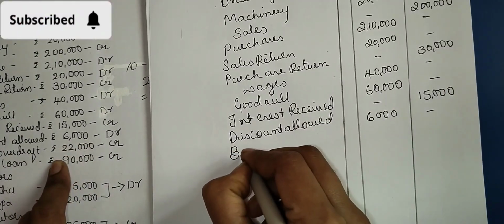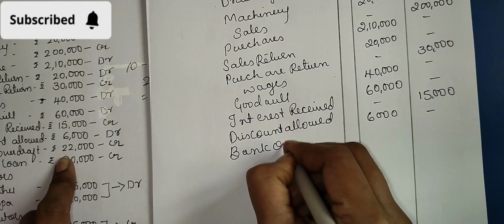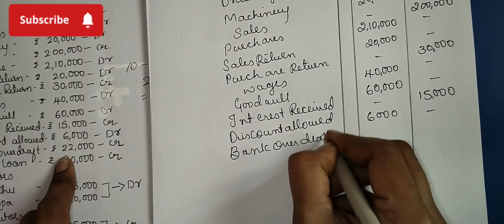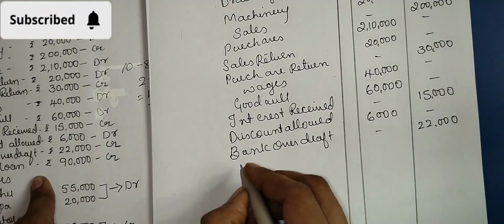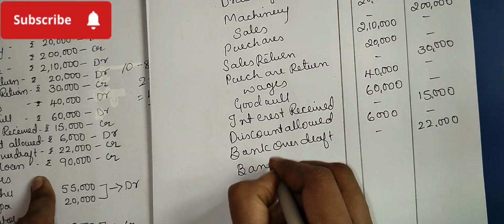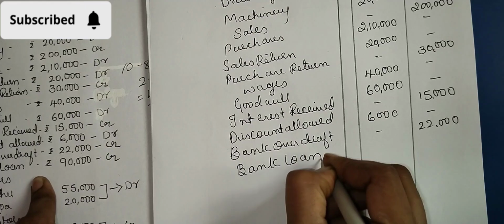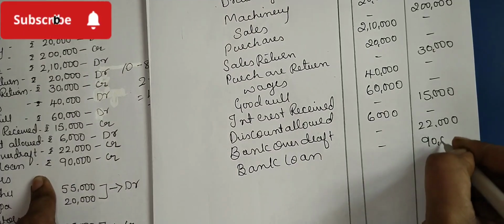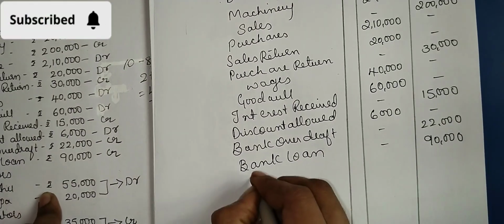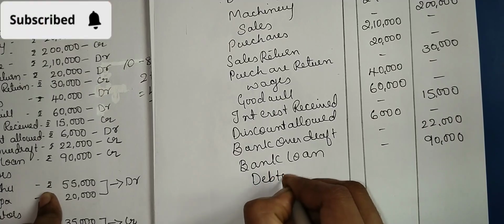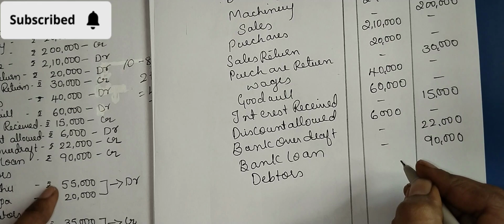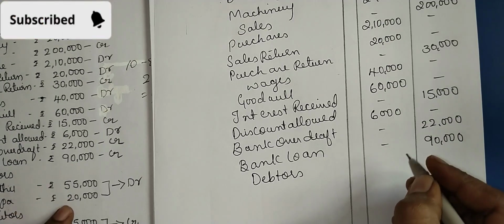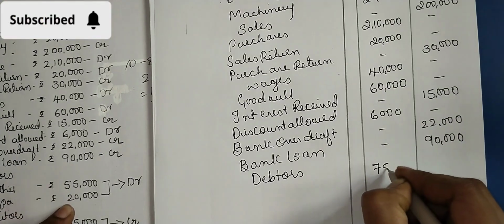Bank overdraft, credit. Bank loan, credit side 90,000. Debtors, we have 2 debtors, so total we will write together 55 plus 20, 75,000.